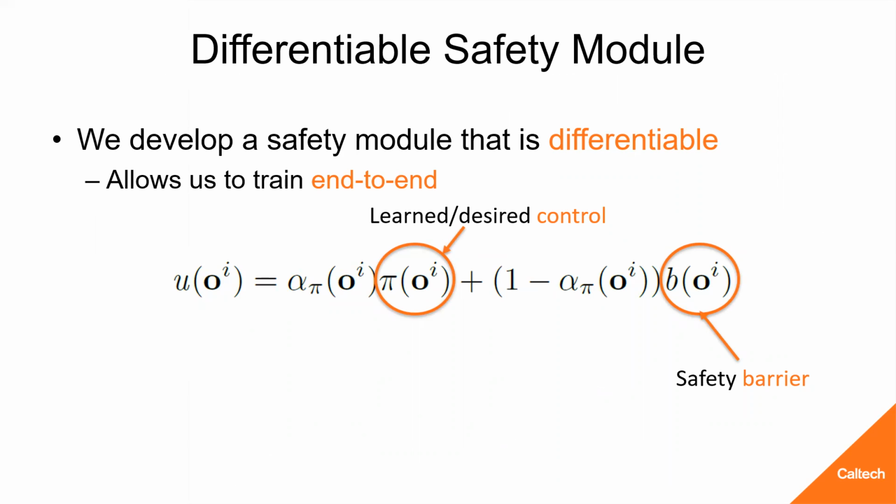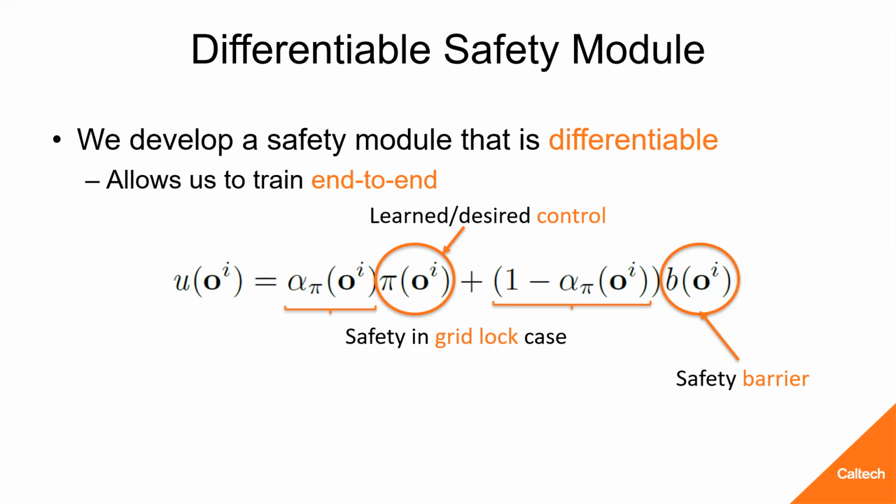And then we just have a convex combination of the two with that alpha, which is also a function, that basically makes sure that if we are in somewhat safe areas, we mostly use pi, so alpha will be close to 1. But if we are in an unsafe area, then alpha will go to 0, which means our safety barrier will kick in and decide what to do instead.